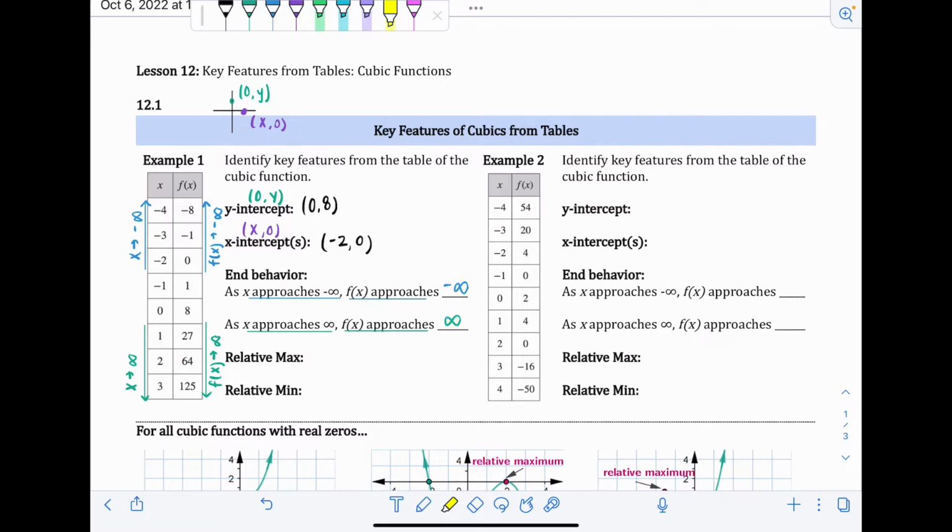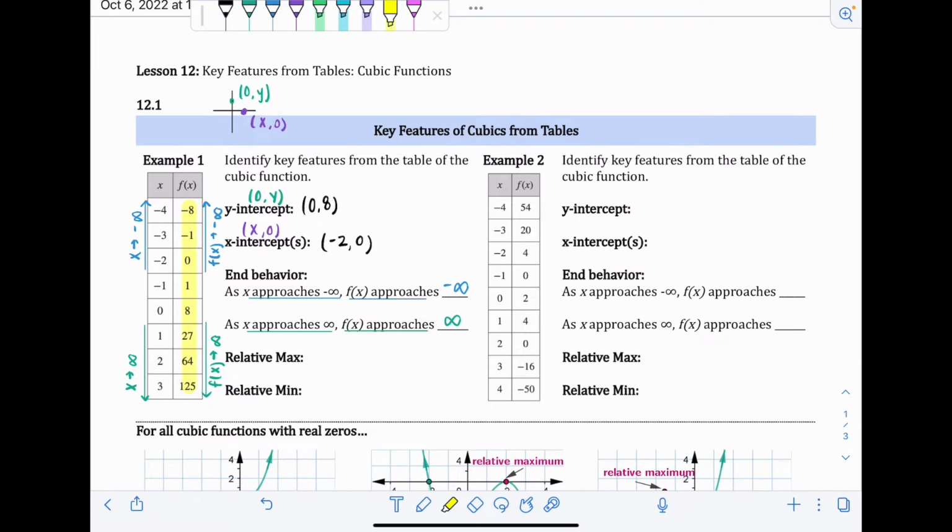And then for the relative max or min, you're looking at the right side of the table, and you want to see if there are any values that are higher than the points around them or lower than the values around them. So if we look at our table, it goes -8, -1, 0, 1, 8, 27, 64, 125. So it's continuously increasing.